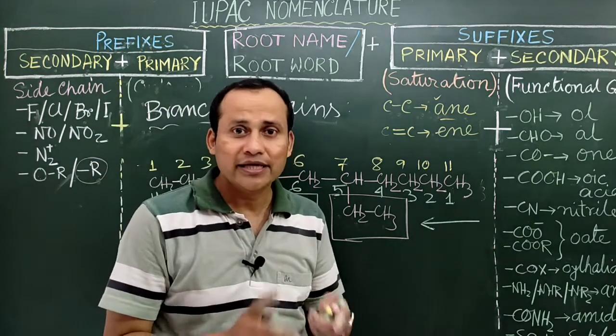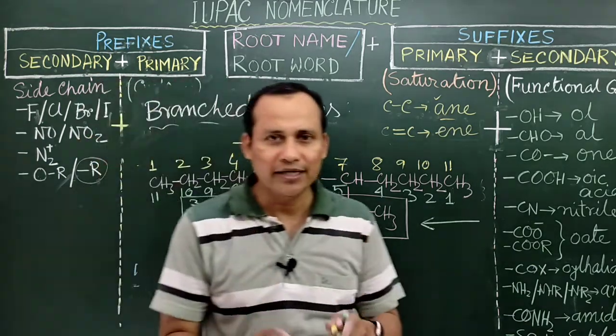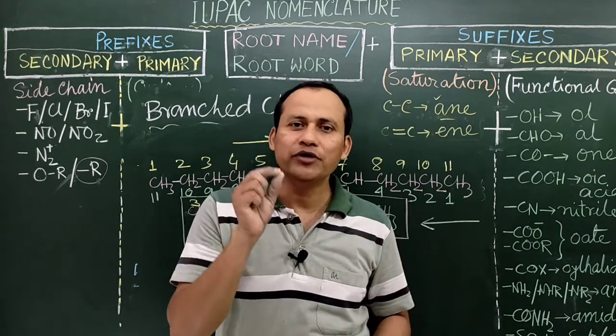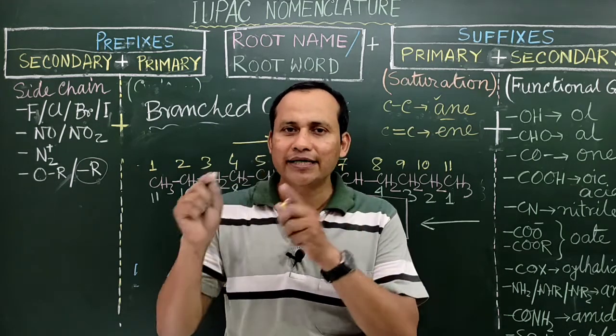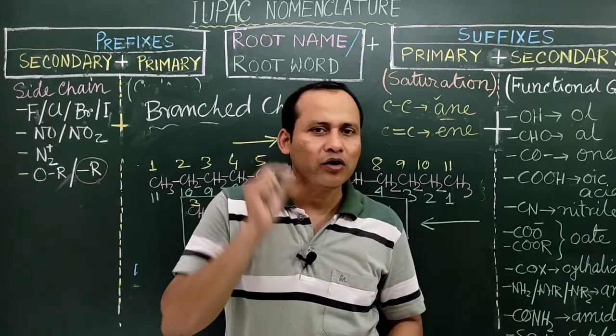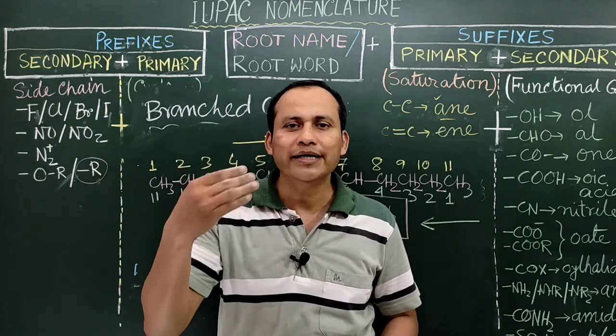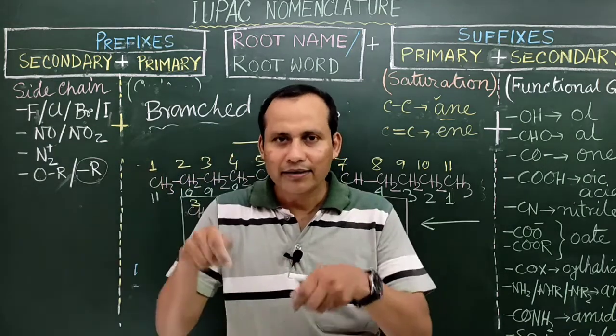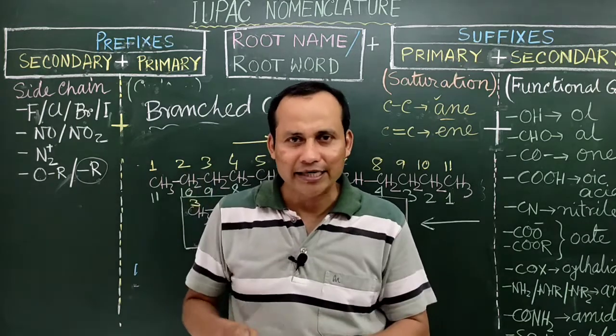So what next? Now in that case, generally in normal cases, di, tri, tetra, etc., are not considered when we have to give the preference of the numbering of the side chains.